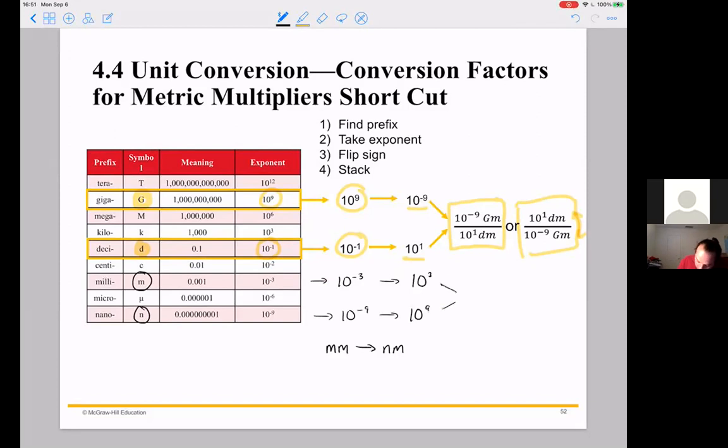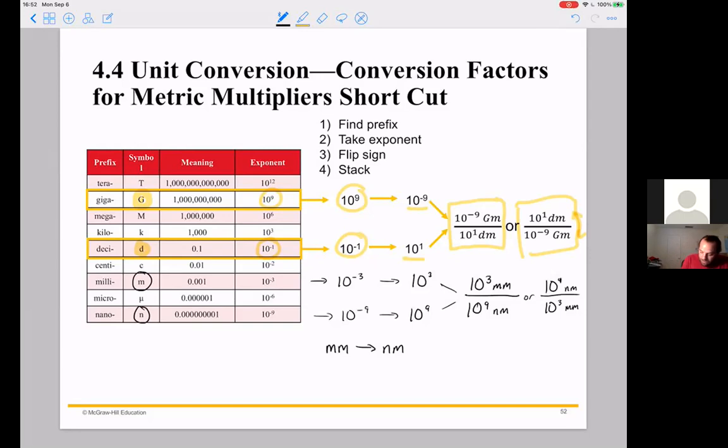And from there, I can create my conversion factor that there are 10 to the 3 millimeters in 10 to the 9 nanometers. That would help me convert from one to the other, or I can take the same thing and just flip it upside down. Those would be the 2 conversion factors that I would use to go from millimeters to nanometers.